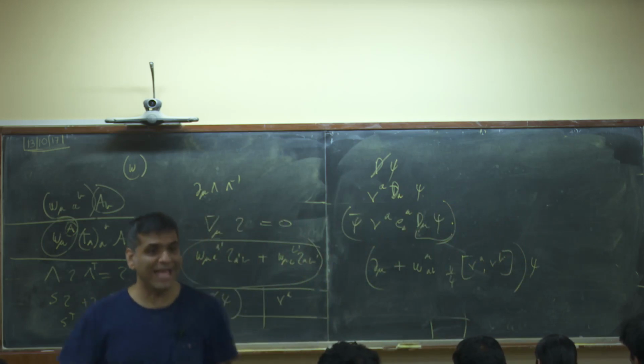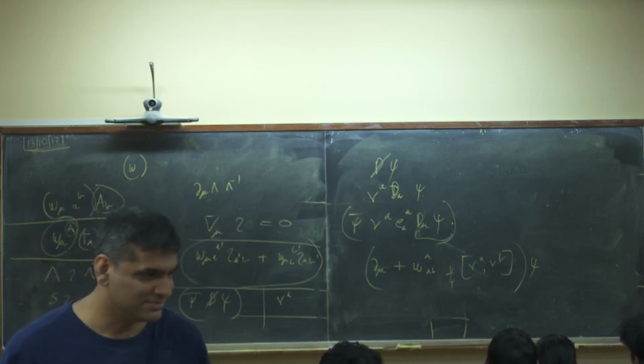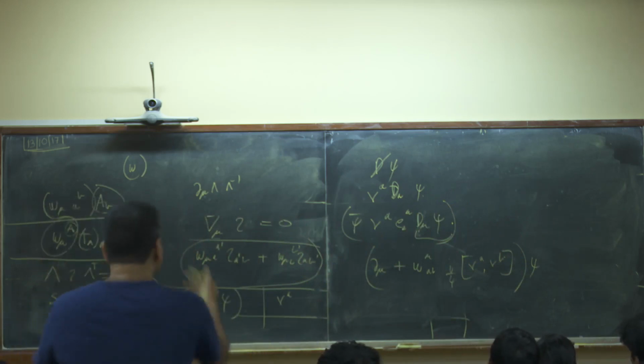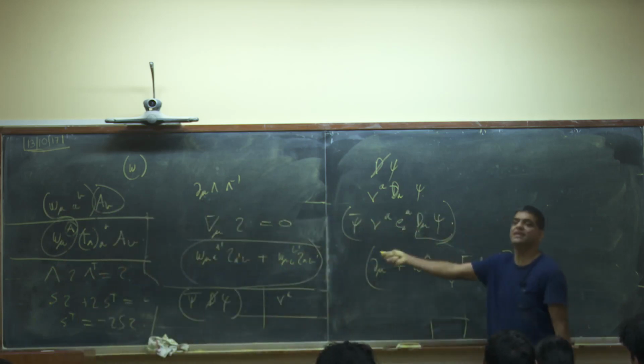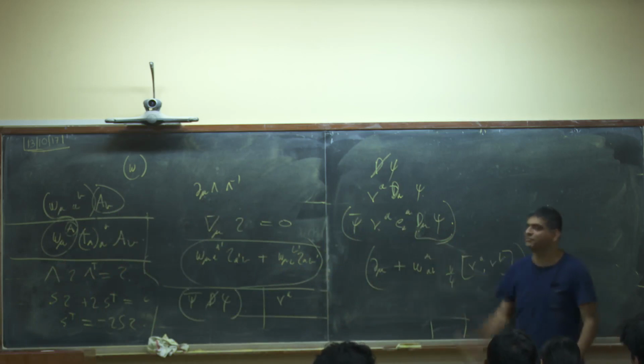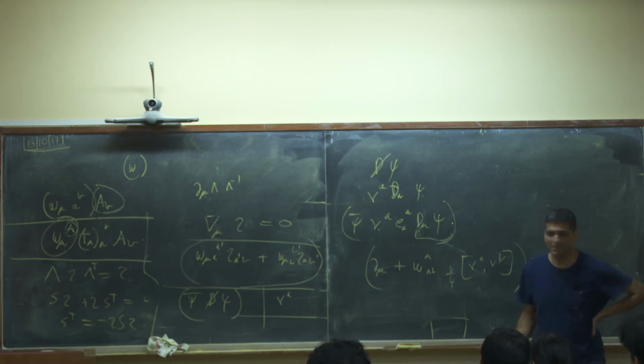The object that we're looking at is a space-time scalar, but is a spinor under this local Lorentz group. This is Dirac's Lagrangian in an arbitrary curved manifold. Beautiful, right? So we've answered Upmanyu's question.